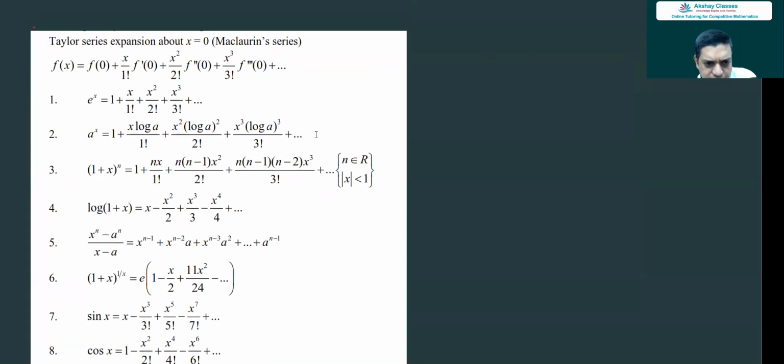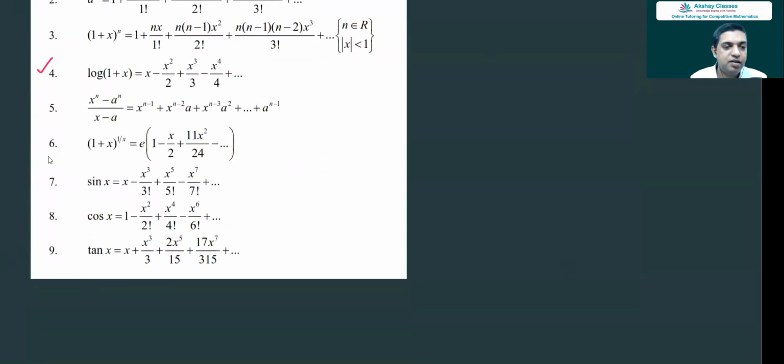And these are some of the standard series, and some of them we should remember directly: e power x, a power x, log of 1 plus x. These are some standard ones that we must remember.